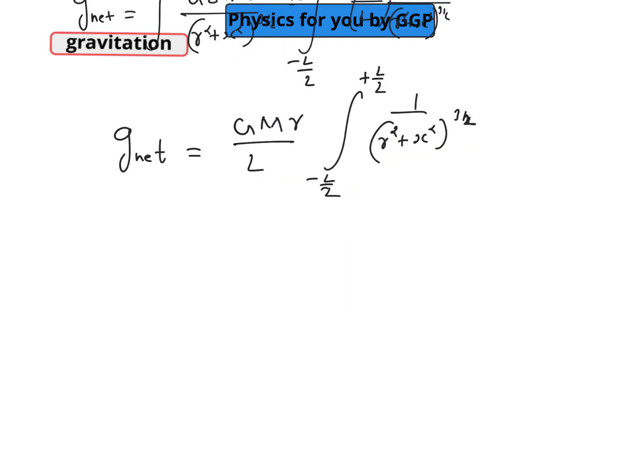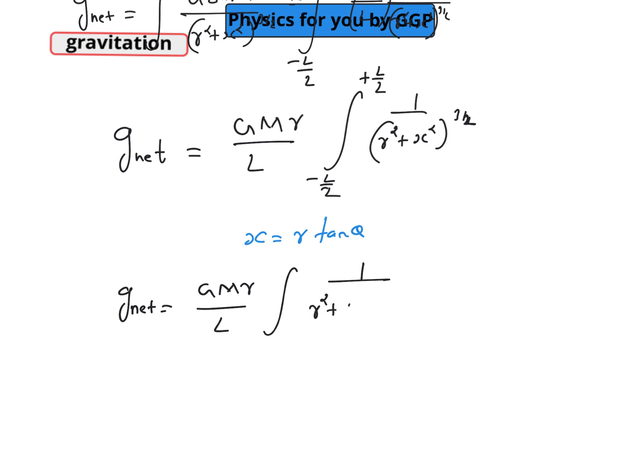To integrate this function, we take x equal to r tan theta. So r square plus x square becomes r square tan square theta plus r square.